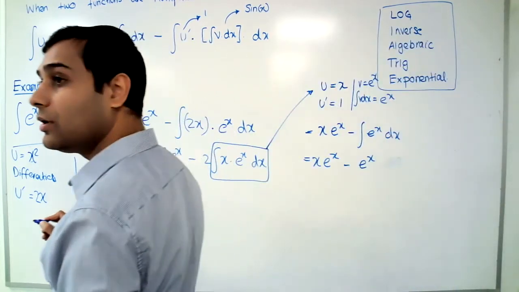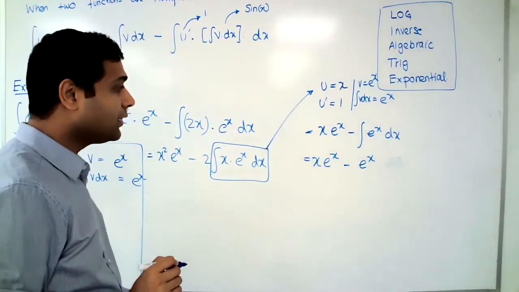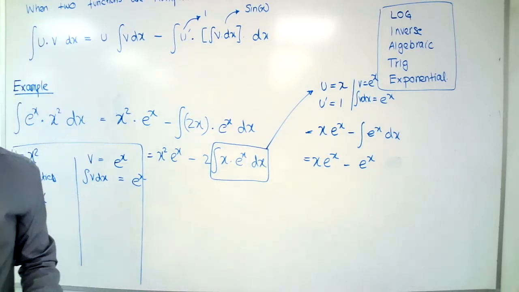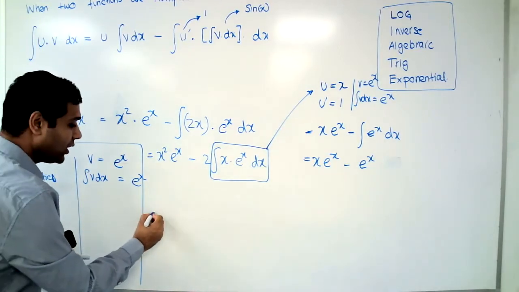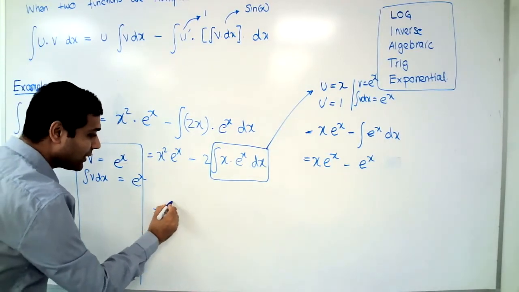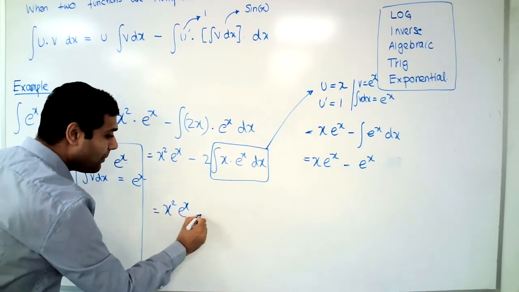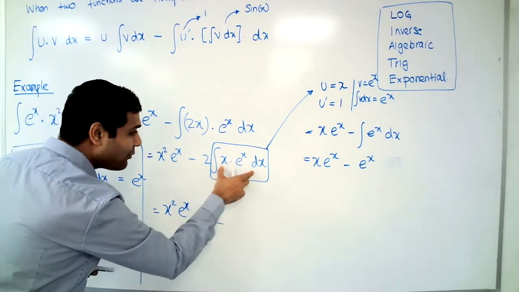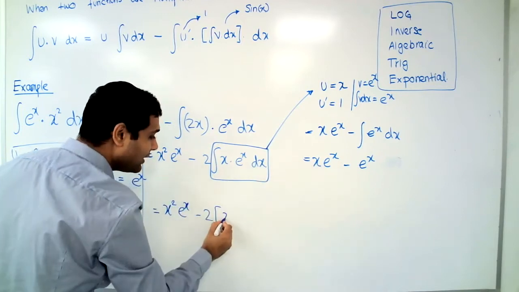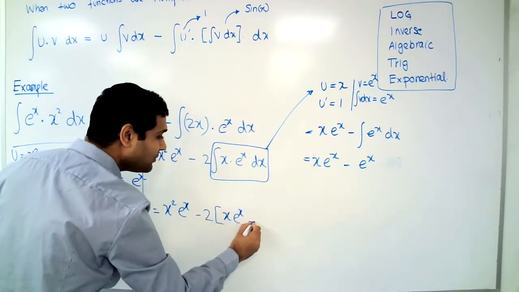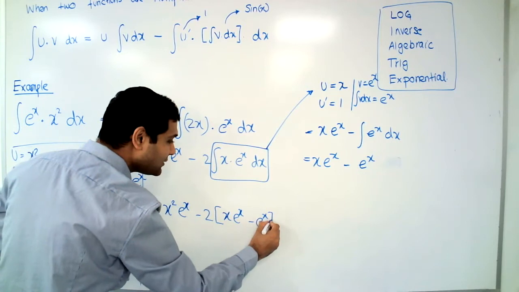Can we take e to the x common? Yes, in the end. Okay, so here I got x squared e to the x minus 2, a bracket, then whatever the answer was for that one: x e to the x minus e to the x.